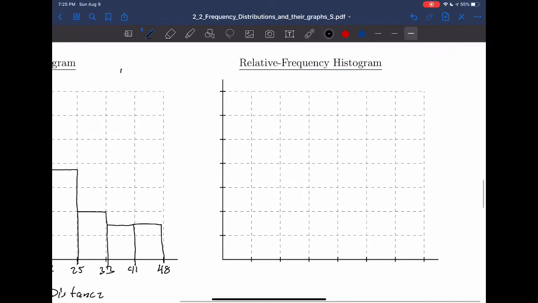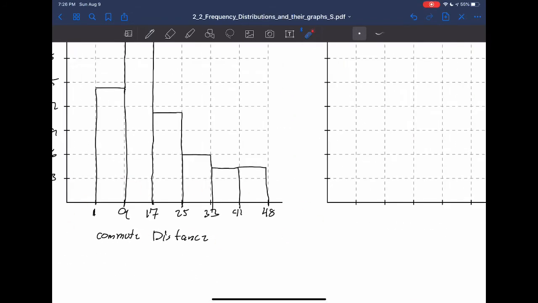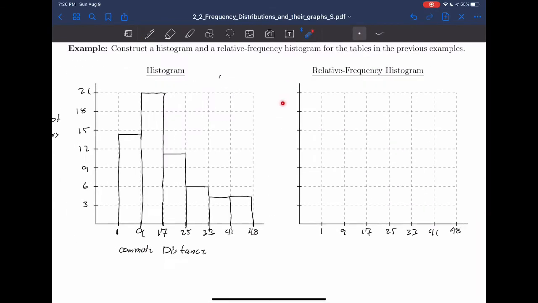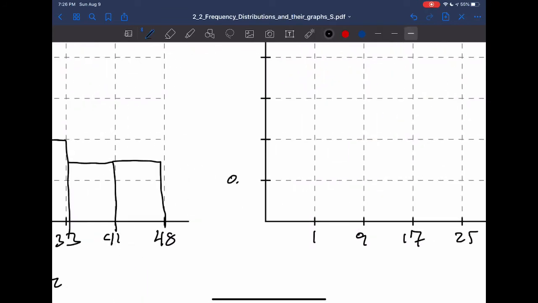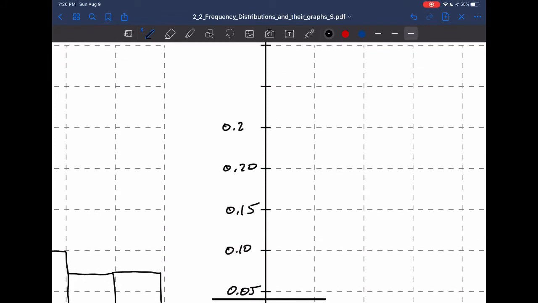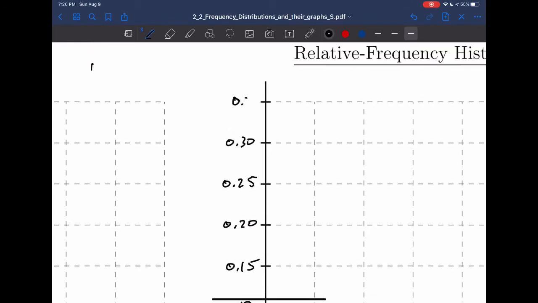Great. So let's focus on the relative frequency histogram. Notice that our x-axis won't change. It will still be 1, 9, 17, 25, 33, 41, and 48. What will change is our y-axis. Since we're dealing with relative frequency, we increase everything by 0.05, all the way up to 0.35.